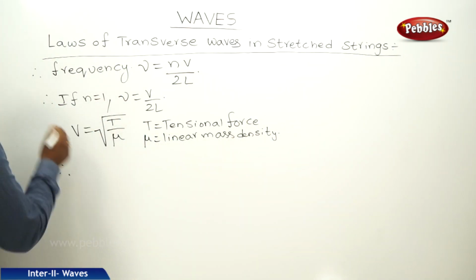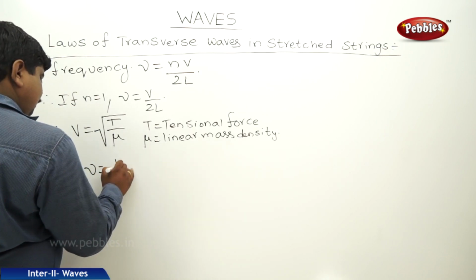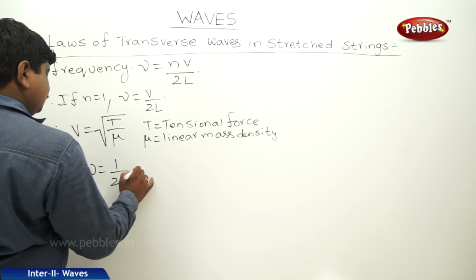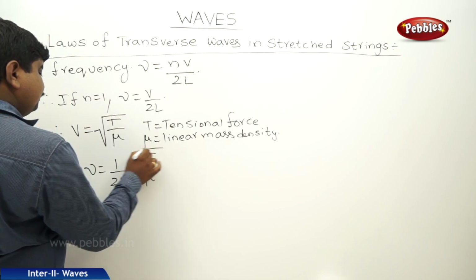So nu is equal to 1 by 2L into square root of T by mu.